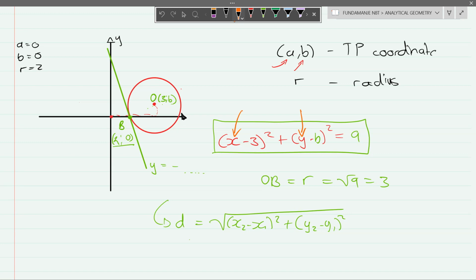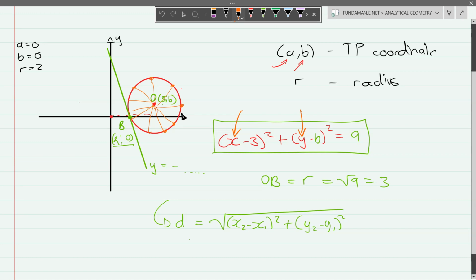The distance formula is basically saying that we can have different pairs of x and y that will always give us a distance of 3 units from this specific center. So it's basically a lot of distances, and all of these are pairs of points that would satisfy this equation.